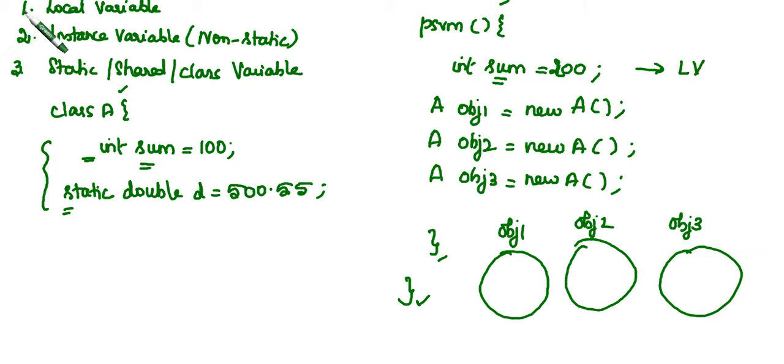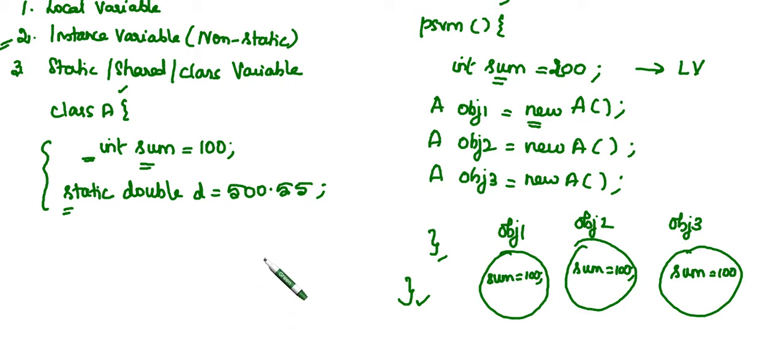See, this instance variable is nothing but when you create a new object using the new keyword, this instance variable will be created for that particular object. So here this object will hold sum equal to 100. I am creating the second object, so immediately this object will have sum equal to 100, and I am creating a third object, this will have sum equal to 100.